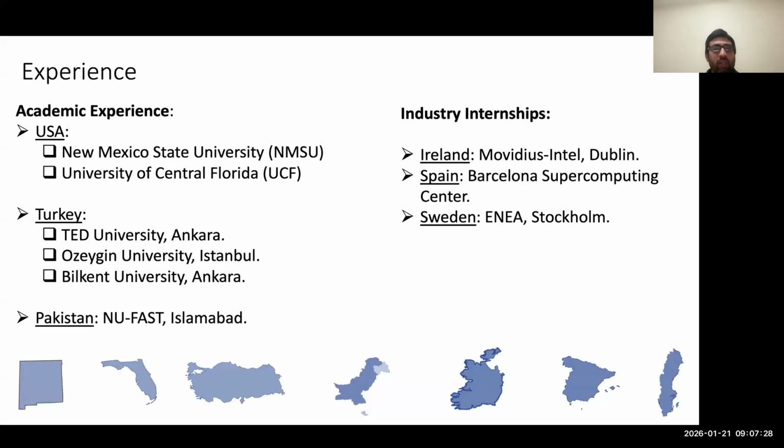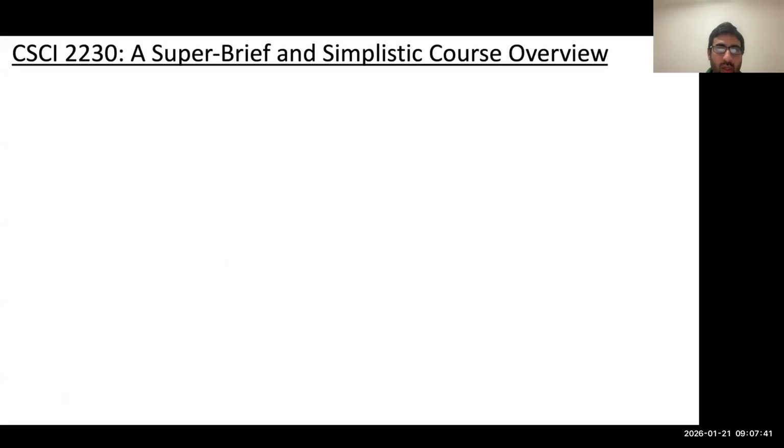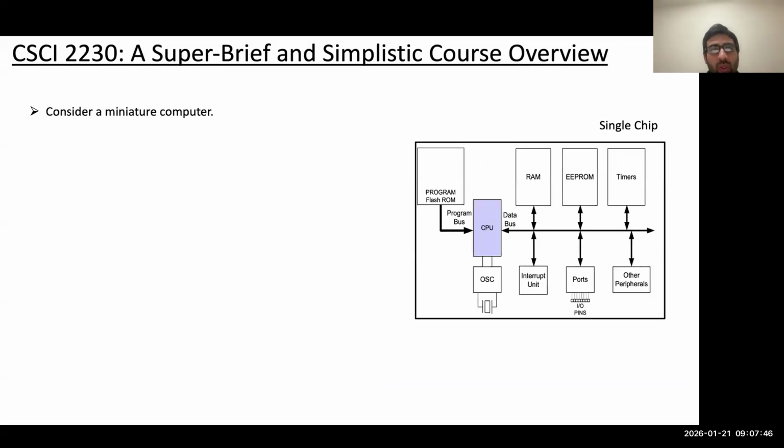Okay, so that was very brief information about myself, and now let's focus on what this course is about, CSCI 2230. Let me give you a very brief and simplistic course overview.